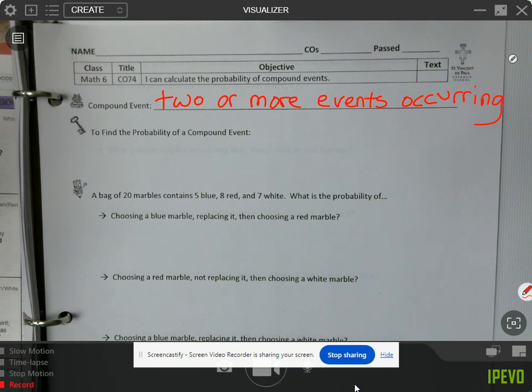So now instead of it just being a single event, one outcome, what are our possible outcomes? What are the desired outcomes? We have multiple events we have to look at. So to find the probability of a compound event, first step, find the probability of each event.